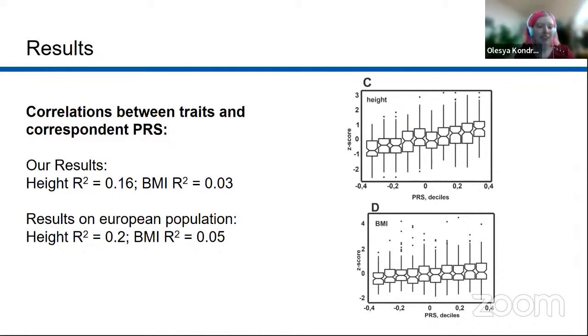The resulting coefficients for height and BMI were 0.16 and 0.03 respectively, which closely recapitulates the results from the previously mentioned meta-analysis conducted on European population.